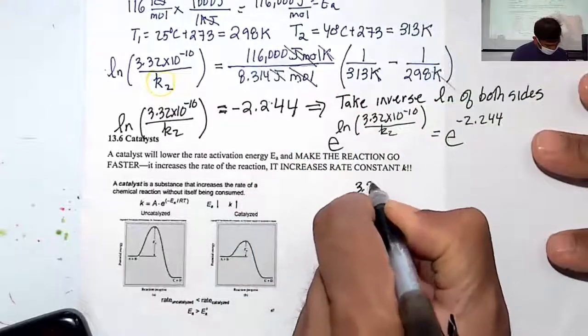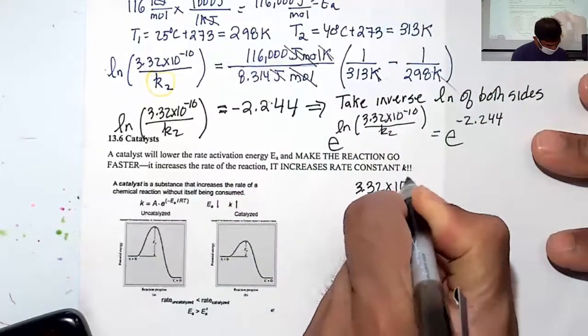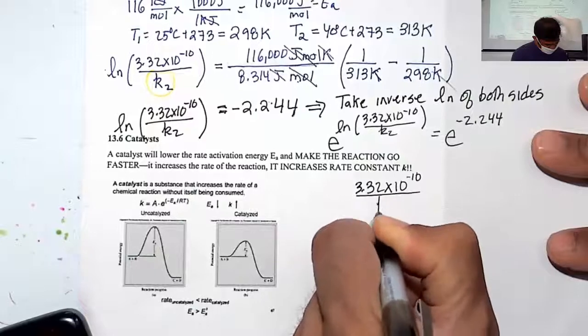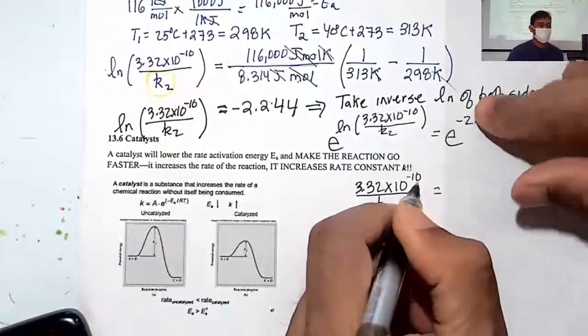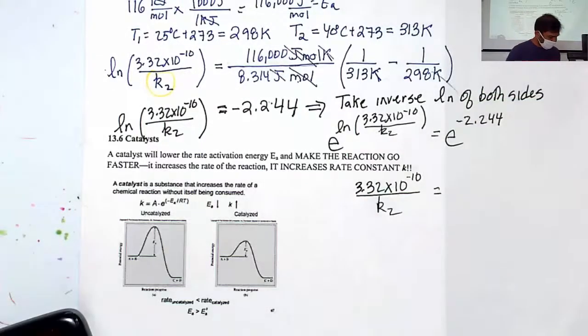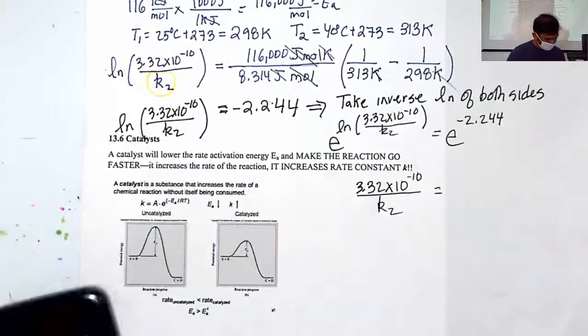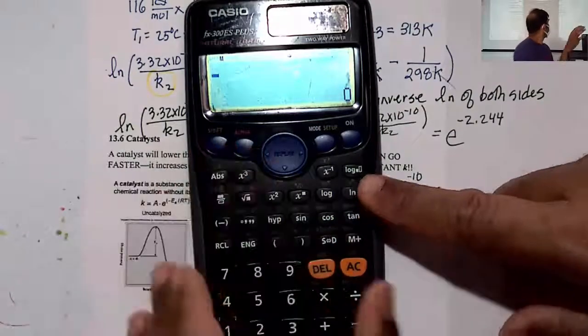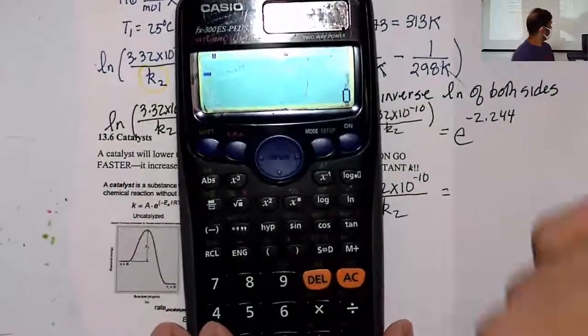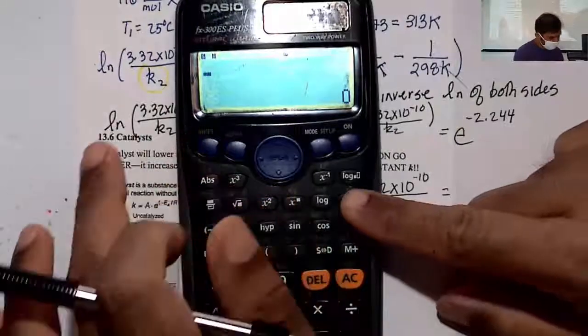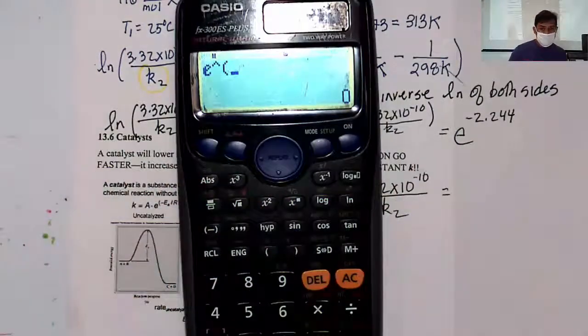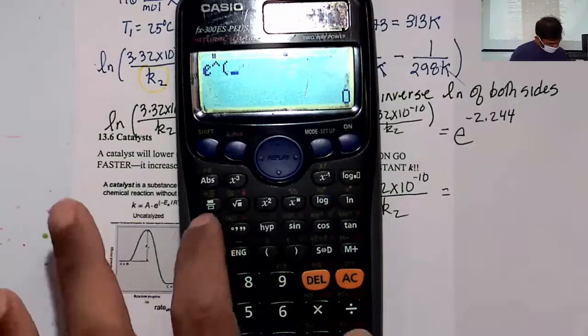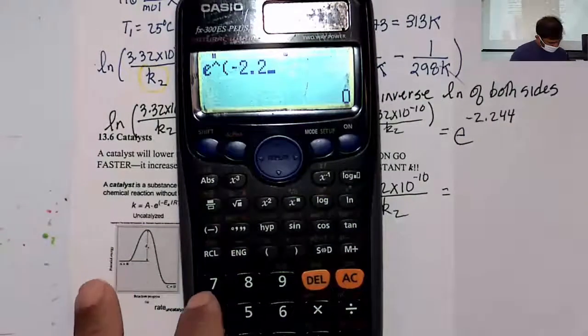So e to the power of natural log of this thing is just this thing. So 3.32 times 10 to the minus 10 divided by K2. Now what is e to the power of minus 2.244? That is something we'll put on our calculator. So you guys know how to do this? It's going to be shift natural log, that's e to the power of minus 2.244.